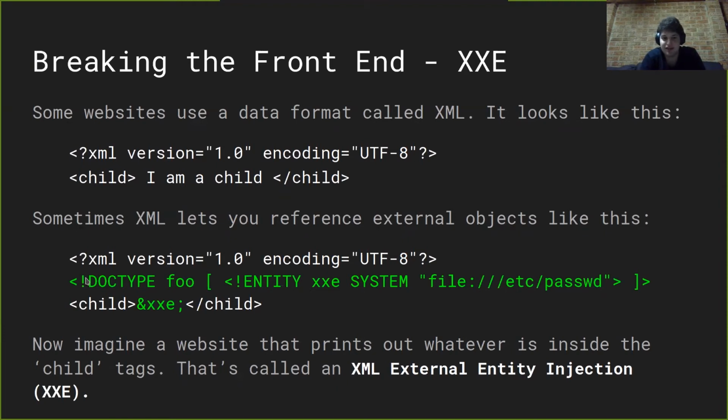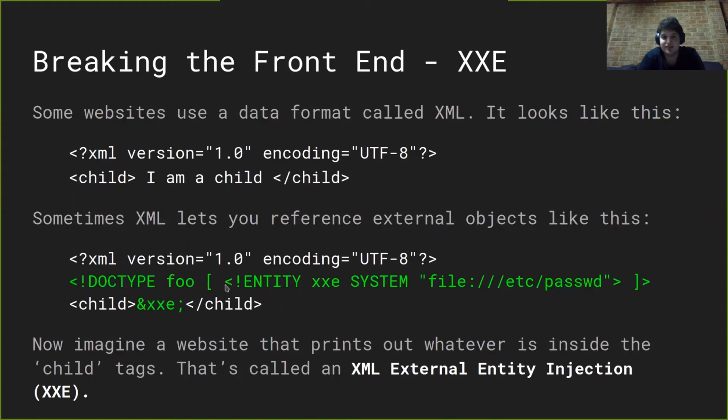In this case, we've got an XML document which will make an entity in memory, which has the contents of the file etc passwords. And then later on, when it gets to this child tag, it will substitute the contents of that file into this child tag. Now imagine a website that prints out whatever is inside the child tags.